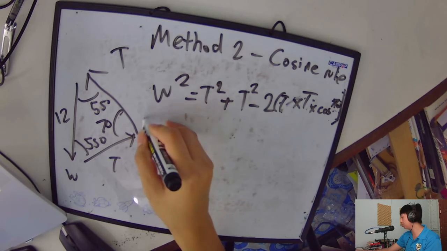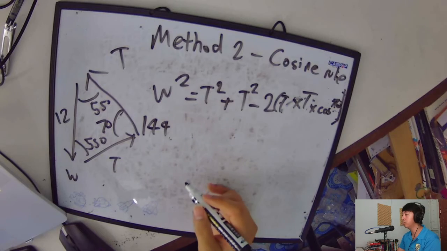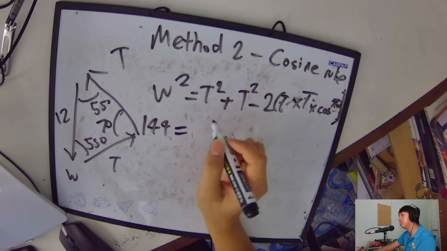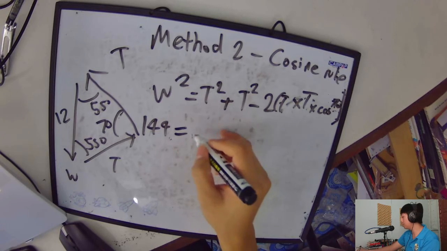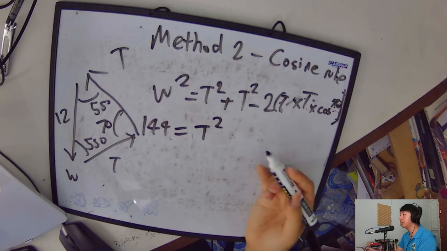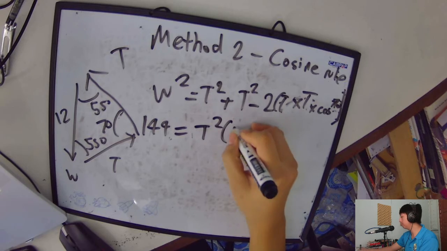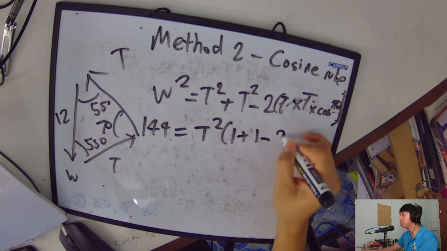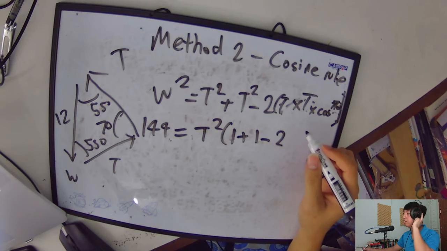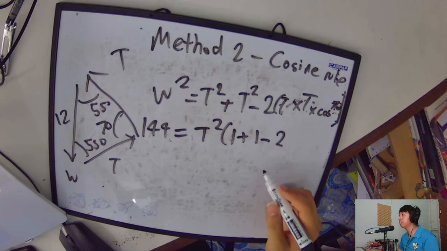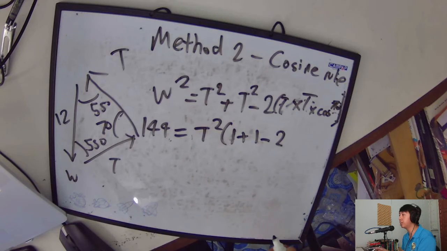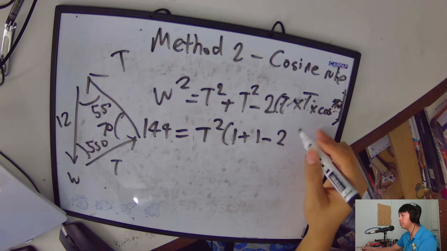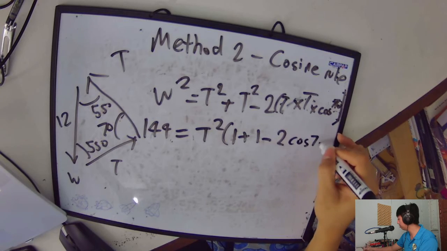So W square, in other words 12 square, 144, equals T square, and it actually simplifies it by doing 1 plus 1 minus 2 cos 70. What it does is factorize it.